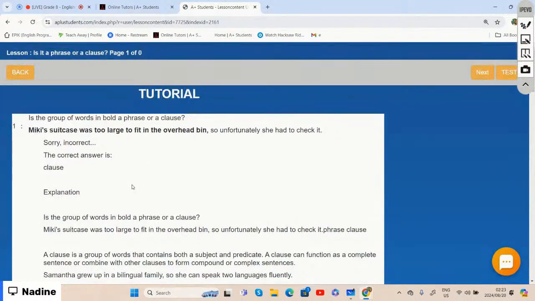So, in the first activity, we see that Mickey's suitcase was too large to fit in the overhead bin. So, unfortunately, she had to check in.